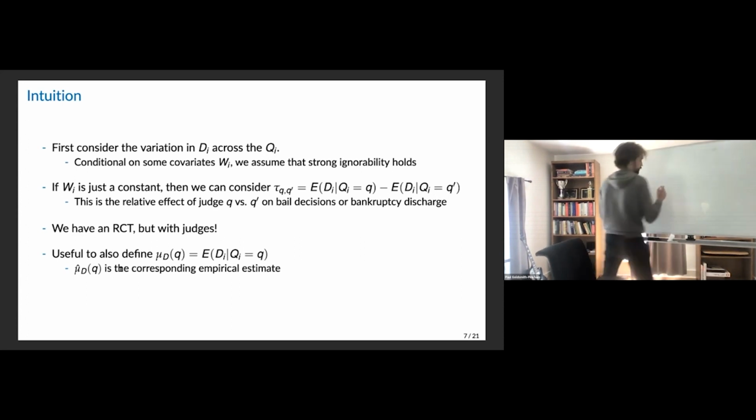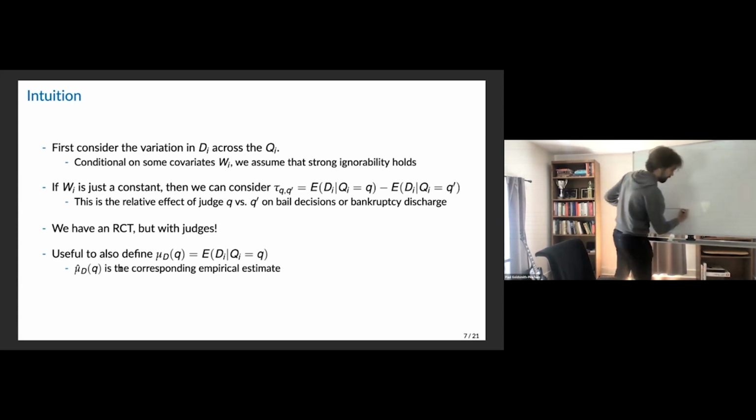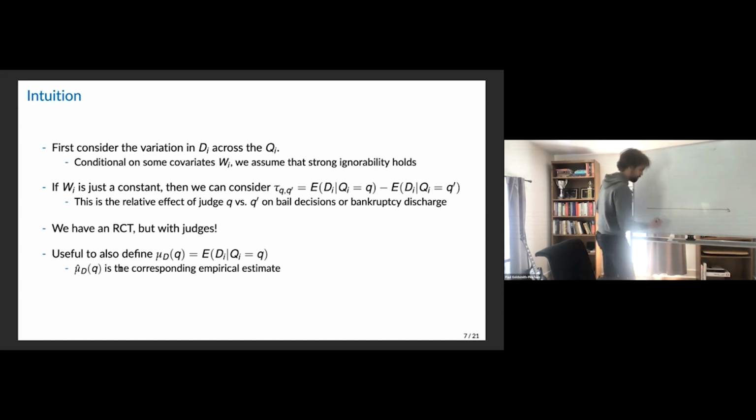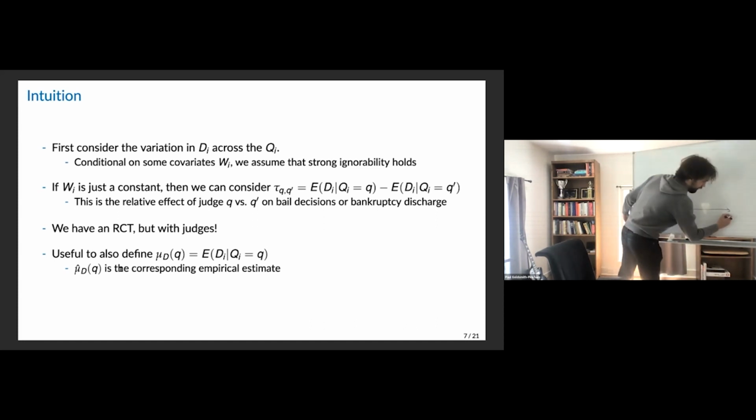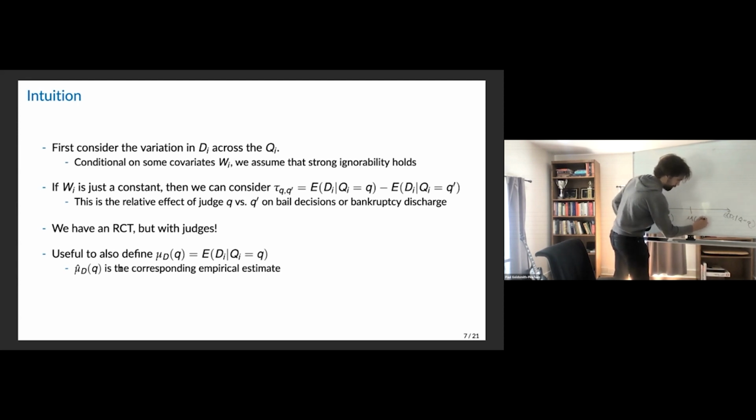So remember, the neat idea here now is, let's just think about this being here. We have a number line where this is the expectation of D_i given Q equal to q. Here's mu q, and here's mu q prime, right?